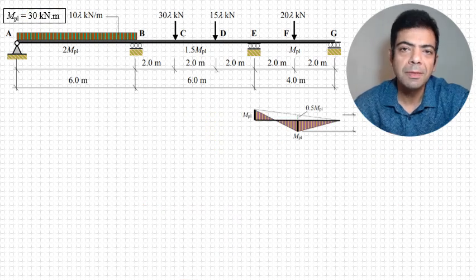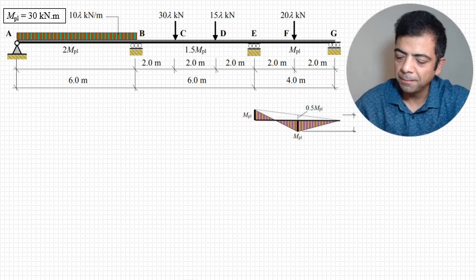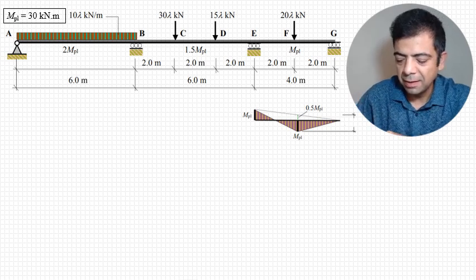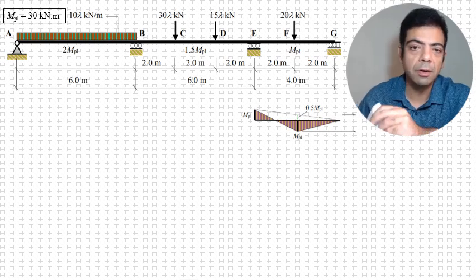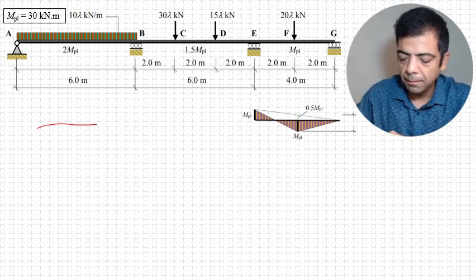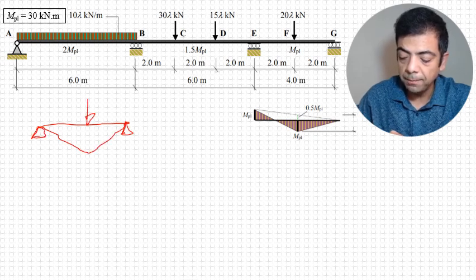Now, the last span, span EG. The simple bending version of this beam is going to be a triangle like this. If this was a simple beam with a point load on it, we can guess how much is this maximum bending moment.